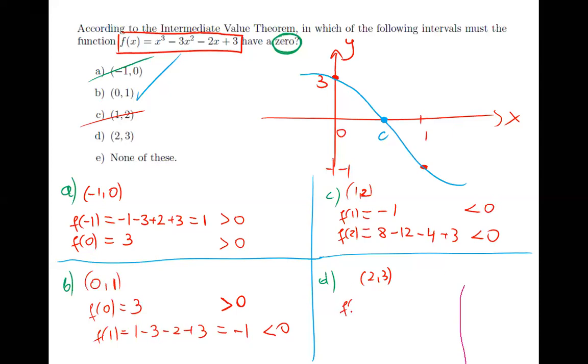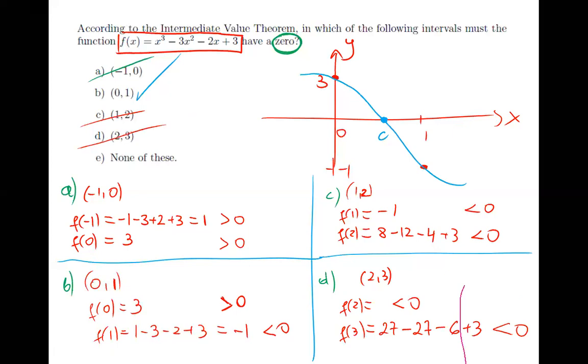Okay, and let's check this one. Value at 2 is negative, I don't even have to compute. And value at 3 is 27 minus 9 times 3, 27, minus 6 plus 3, also negative. Okay, that means no guarantee.